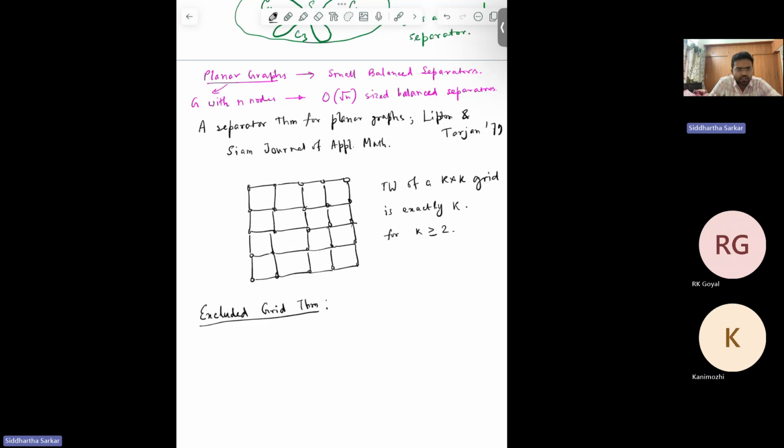It says that if the tree width of a graph G is at least k to the 4k squared plus 2, then G has a k cross k grid minor.